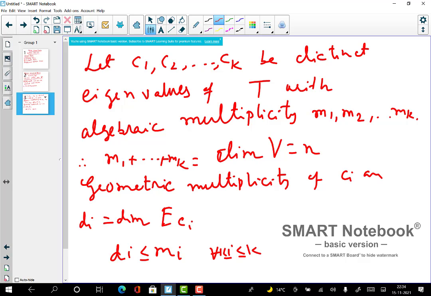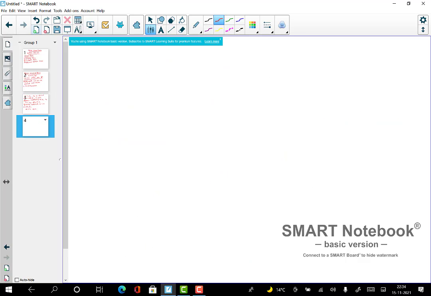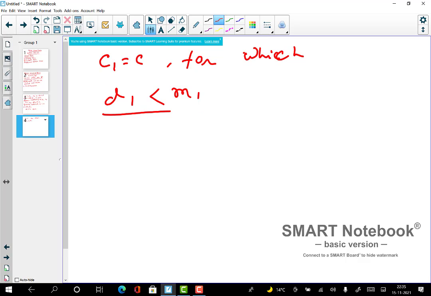So for some eigenvalue, say c1, we have d1 strictly less than m1.